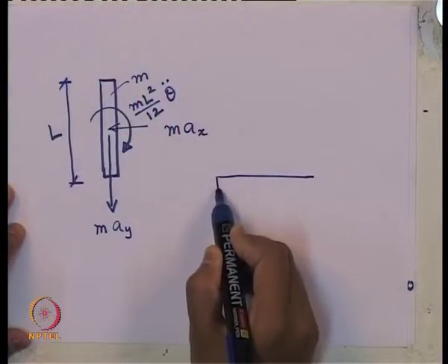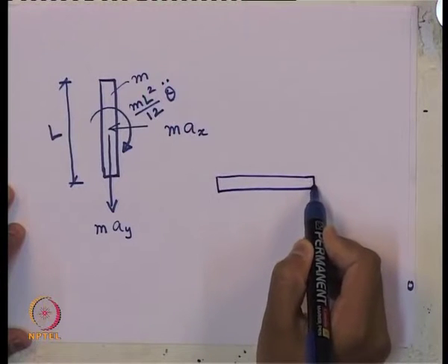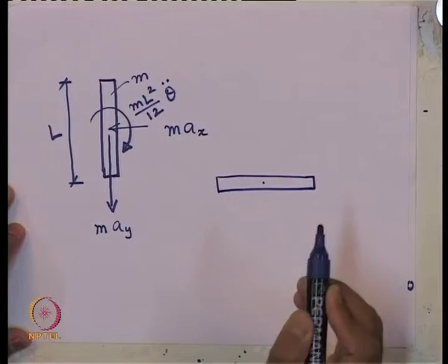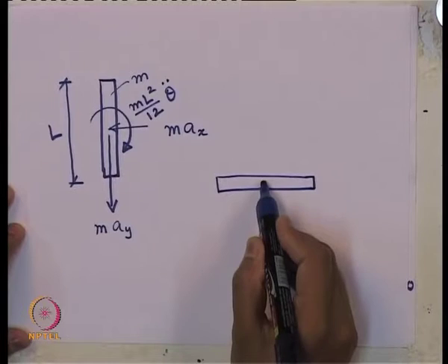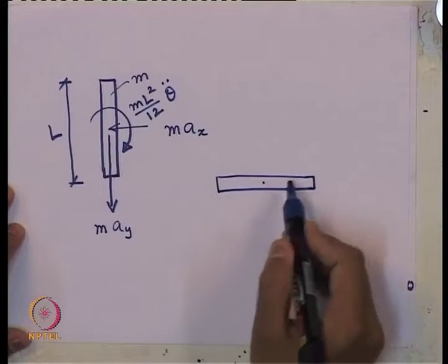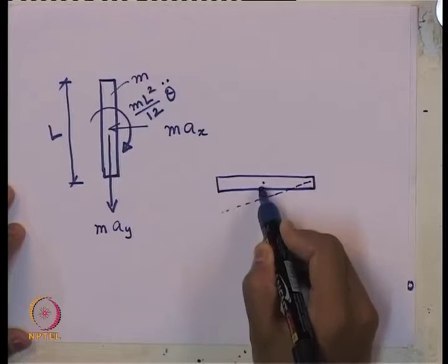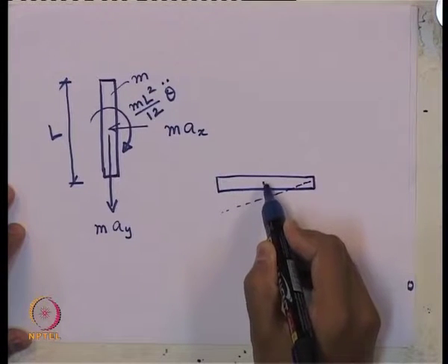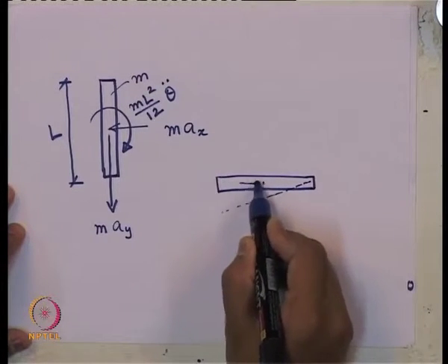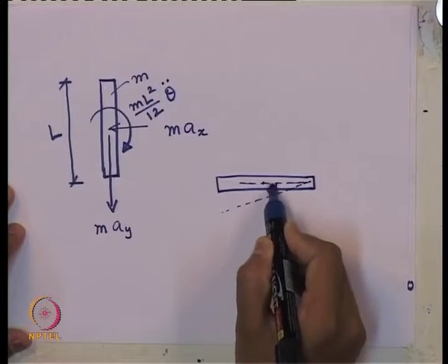Now, the problem which has been given to us for this bar, let us look at it first. All these forces are acting at the center when we are assuming point mass, it is rotated by an angle of theta.